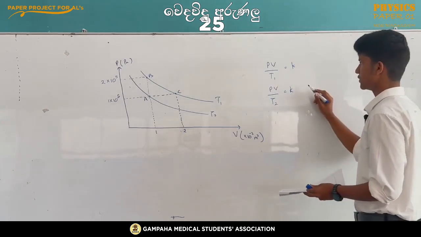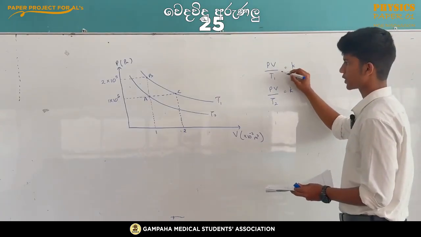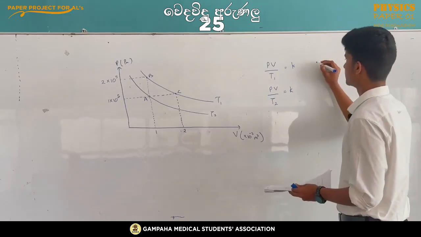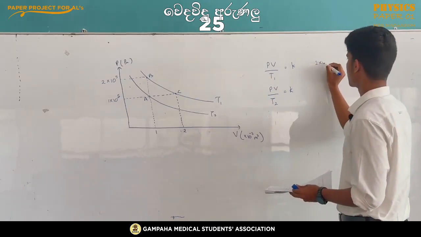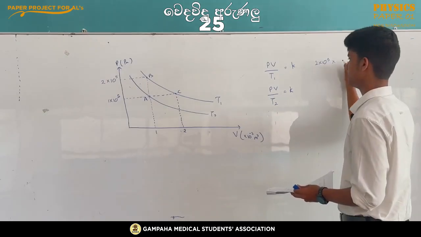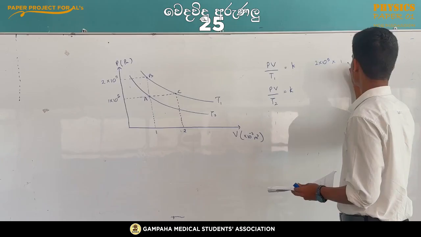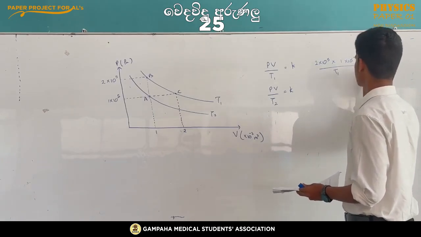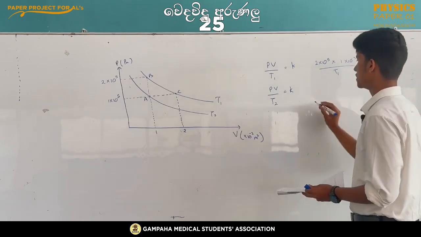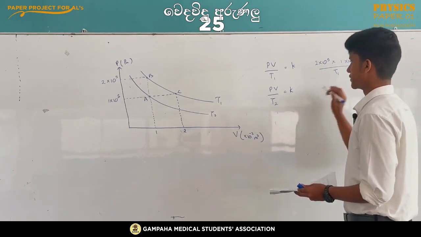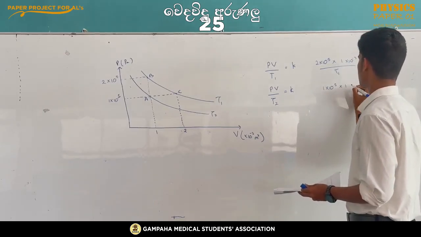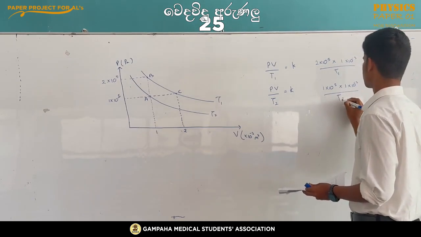So when you substitute the values of PV from the two graphs, in the first expression, it's 2 into 10 to the power 5 multiplied by 1 into 10 to the power minus 3 divided by T1 equal K. In the second expression, it's 1 into 10 to the power 5 multiplied by 1 into 10 to the power minus 3 divided by T2.